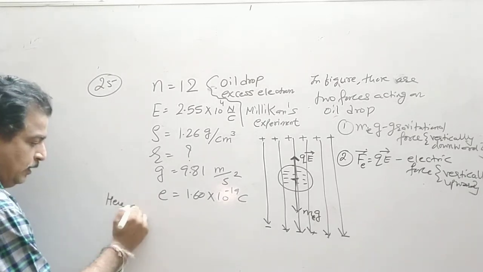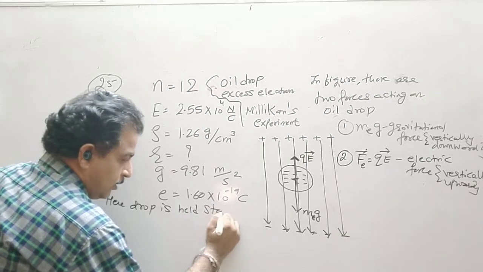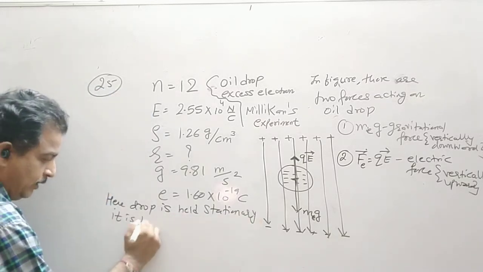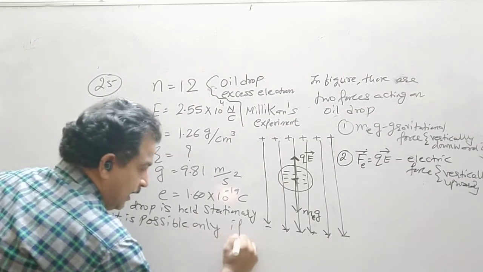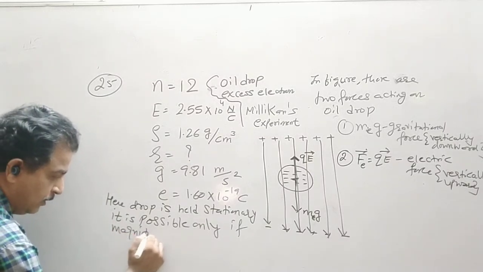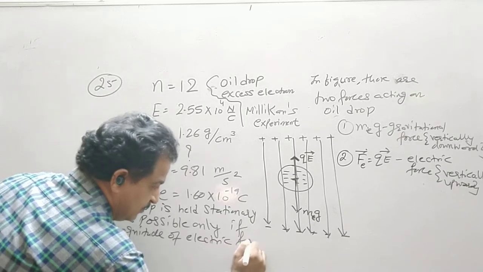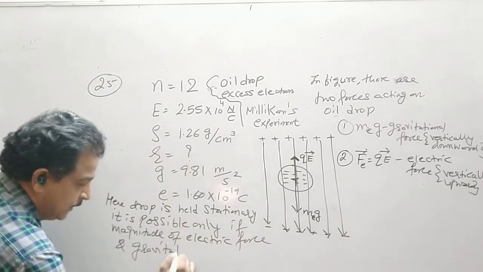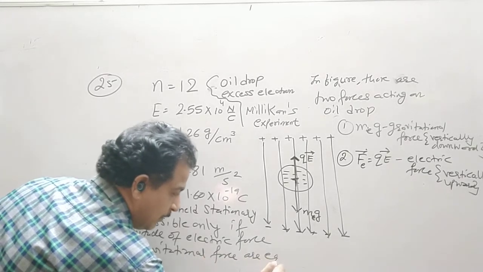The drop is held stationary only if the magnitudes of the electric force and gravitational force are equal.